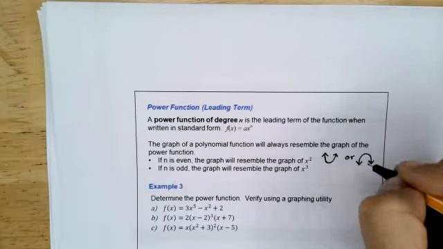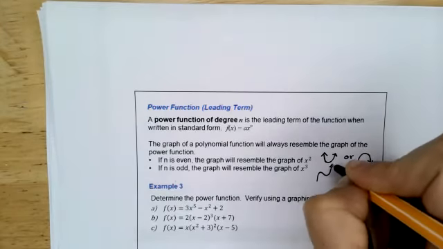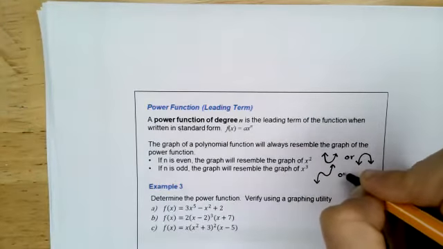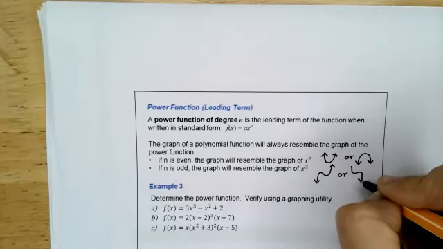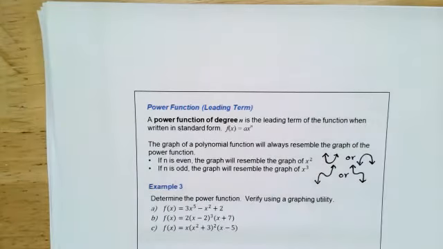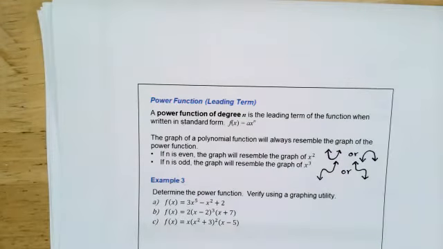This is what they mean. Okay, the power function is another name for the leading term of your polynomial function, okay? The power function of degree n is the leading term of the function when written in standard form, right?